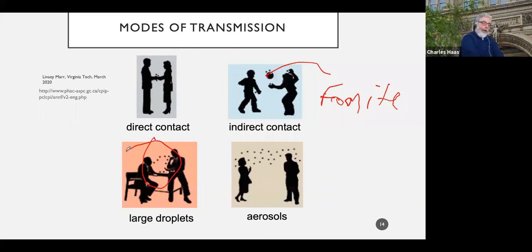Aerosols are smaller particles that can stay suspended in the air for a long period of time, perhaps hours. And so a second individual breathing in from a space where those aerosols have been emitted may then inhale and become exposed that way.